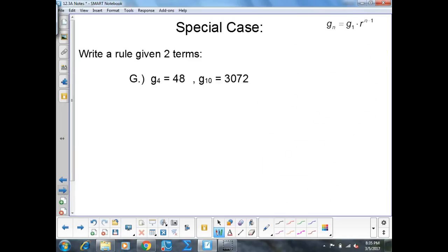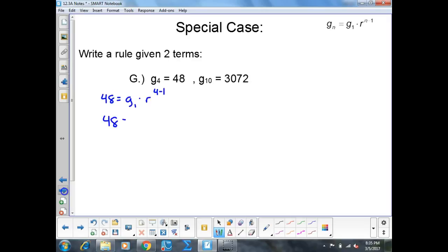Okay? Special case of this one, same style of problem as that one. So let's set it up. 48 equals my first term times r to the 4 minus 1 power.